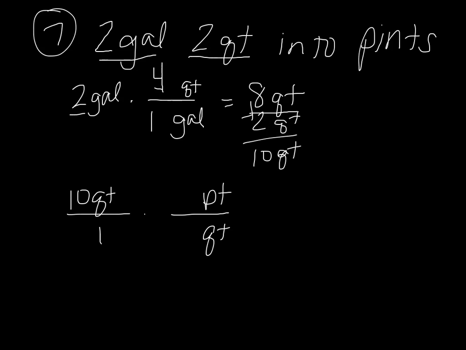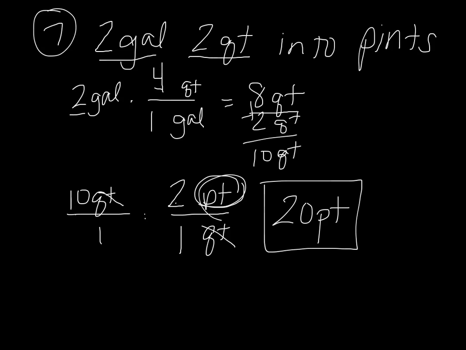Quarts goes on the bottom, pints goes on the top, because this is what I want my answer to be in. My quarts can cross off. Oops, but first I better fill in my answers. All right, 1 quart equals 2 pints. Oh, well, this works out very nicely. 10 times 2 is 20. I'm left with my pints. So 20 pints is my answer.